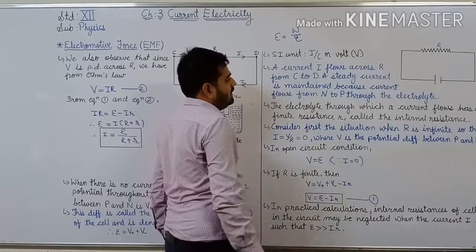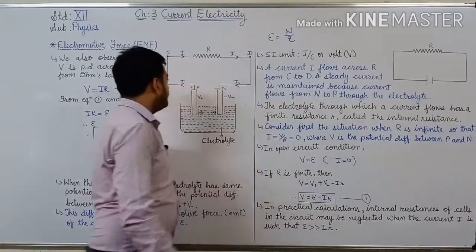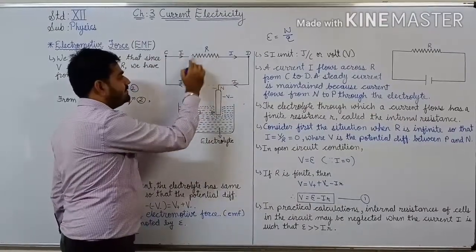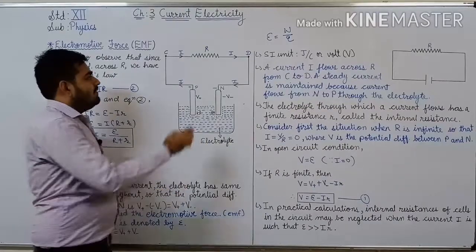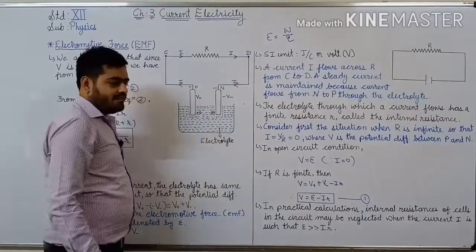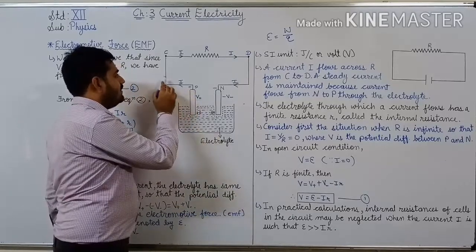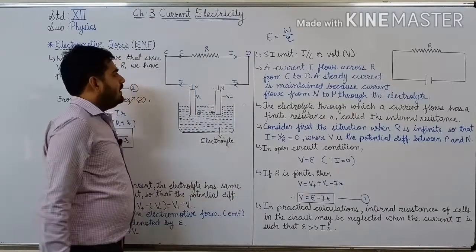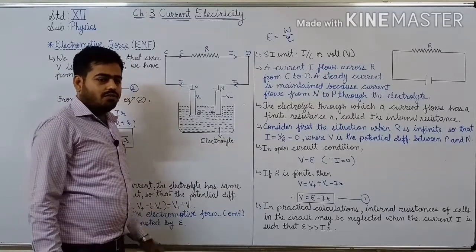A current I flows across R from C to D. If we connect any conductor having resistance R with this cell, then current will flow through it. And we know that current flows from higher potential to lower potential.